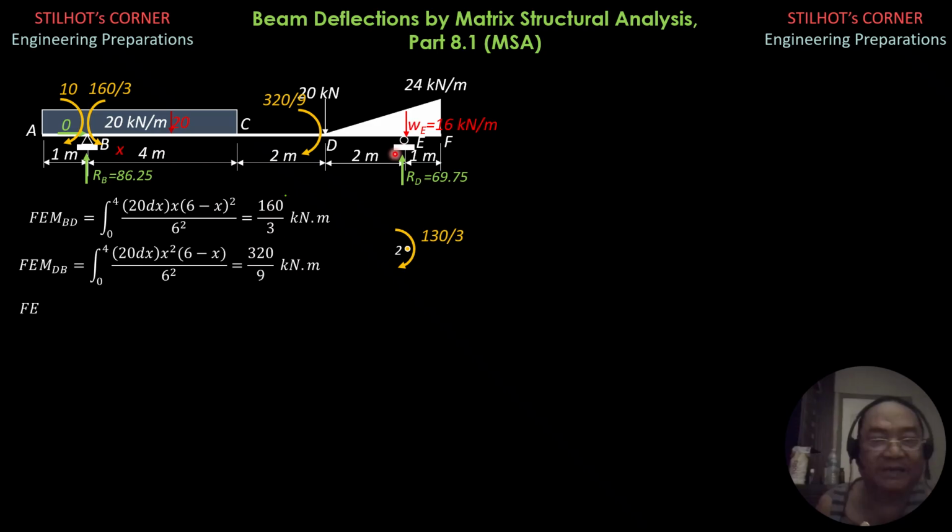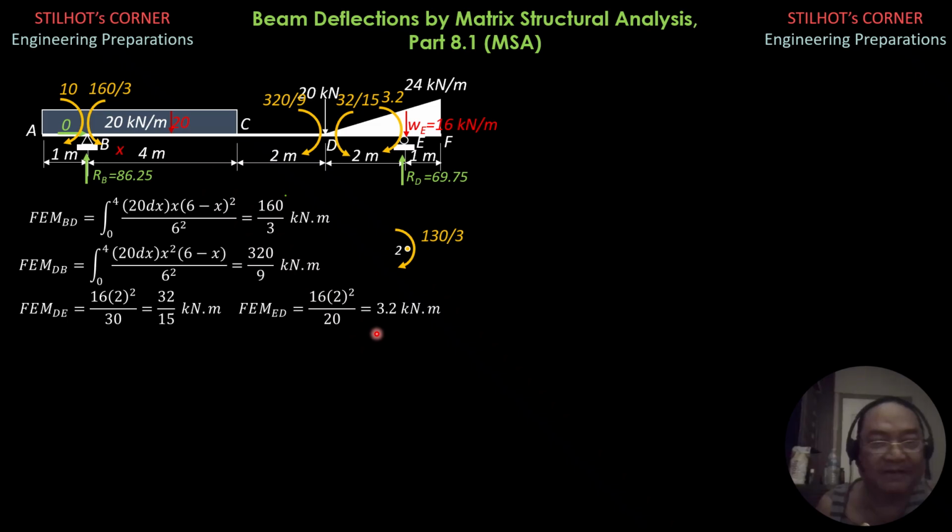So 16 times 2 squared over 30 is fixed moment DE, and that is 32 over 15 kilonewton meter, while fixed moment ED is W L squared over 20. So 16 times 2 squared over 20, and that is equal to 3.2 kilonewton meter as shown in this figure here.